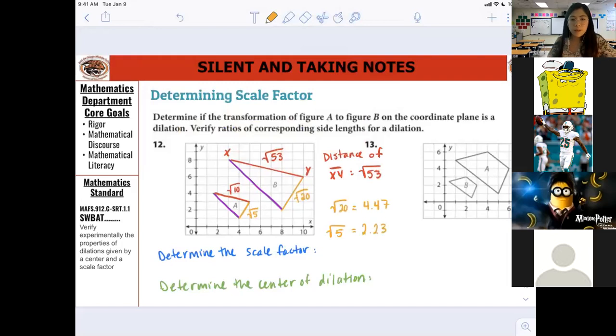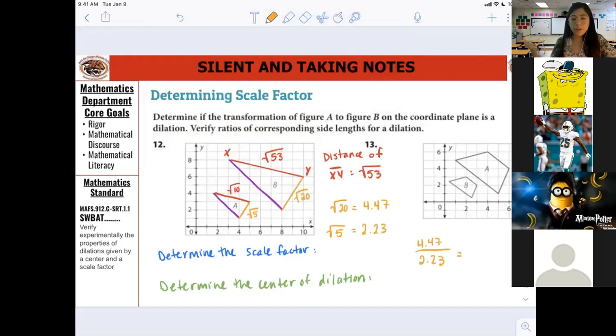Right? Then scale factor is the pre-image over the image. So that's going to be 4.47 over 2.23. What do you get? 2.00444843.